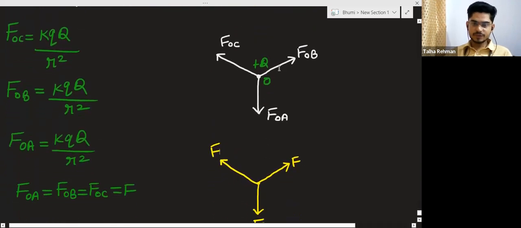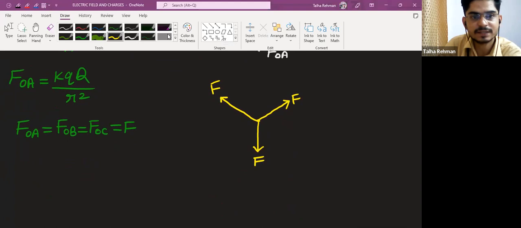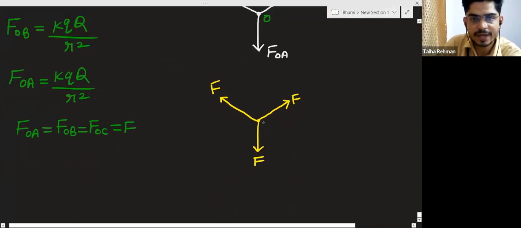Now what we will do, we will draw the x-axis and y-axis here. We will take the component of these forces to solve the question.